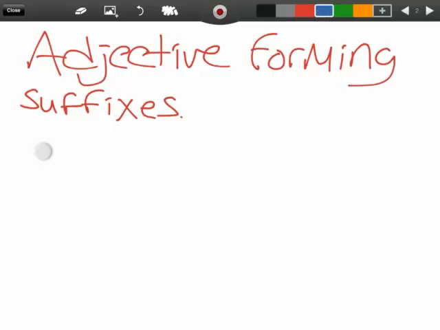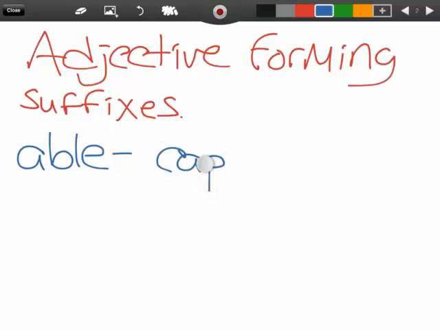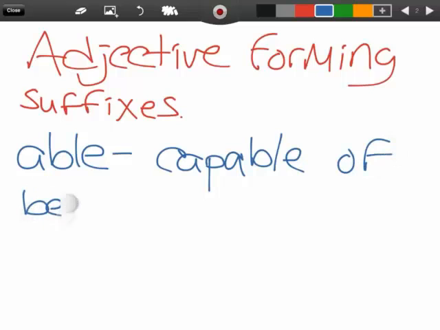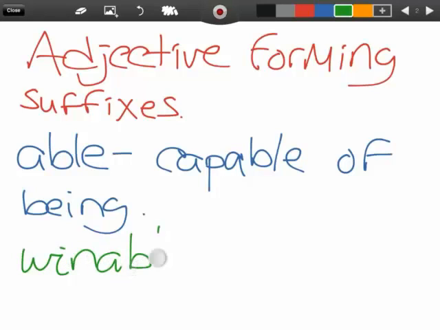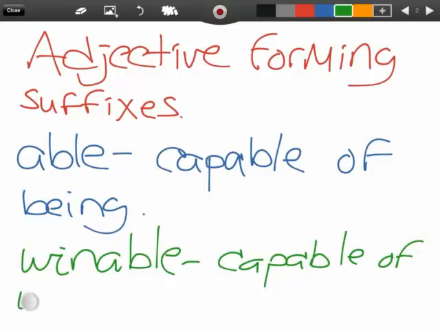My first example is going to be able, and that means capable of being. An example word for this would be winnable, meaning capable of winning.